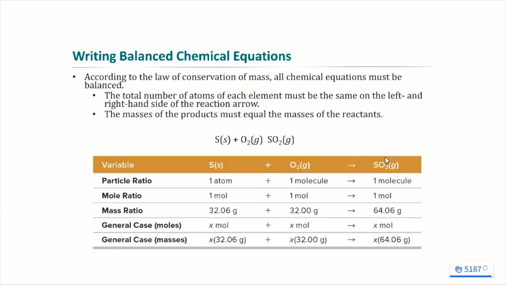When it comes to chemical equations themselves, we have to understand that, like anything, a chemical reaction has to obey the law of conservation of mass and the law of conservation of matter. And for those reasons, those chemical equations need to be balanced when they are written for us.